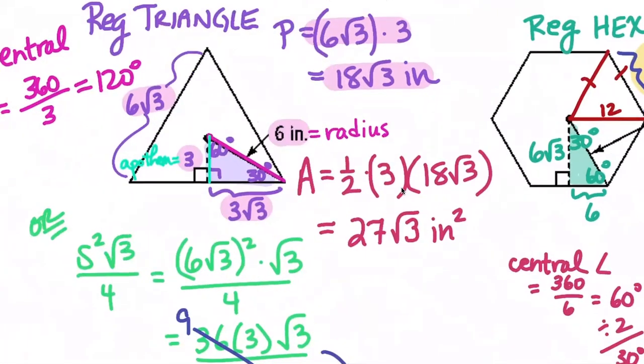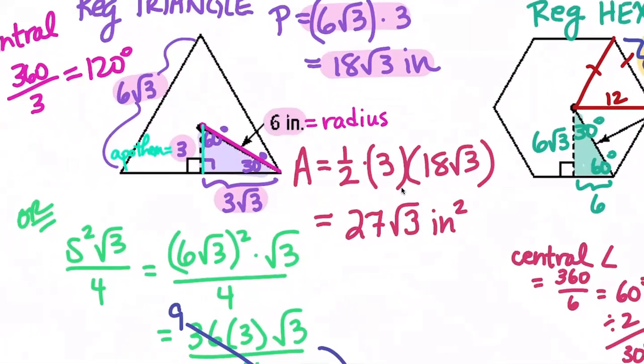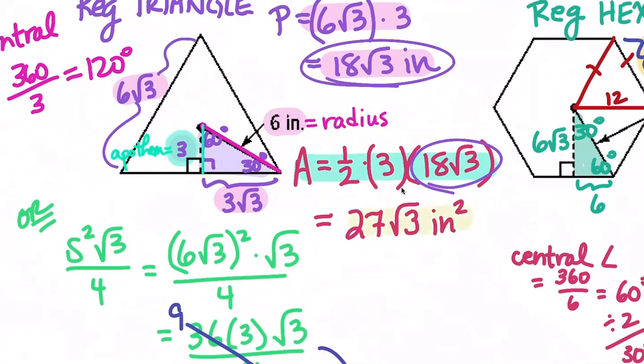So the first method that I'm using is 1/2 the apothem, which was 3, times the perimeter that we found up here, that was 18 root 3. Okay, simplify that down. 18 divided by 2 is 9. 9 times 3 is 27 root 3.